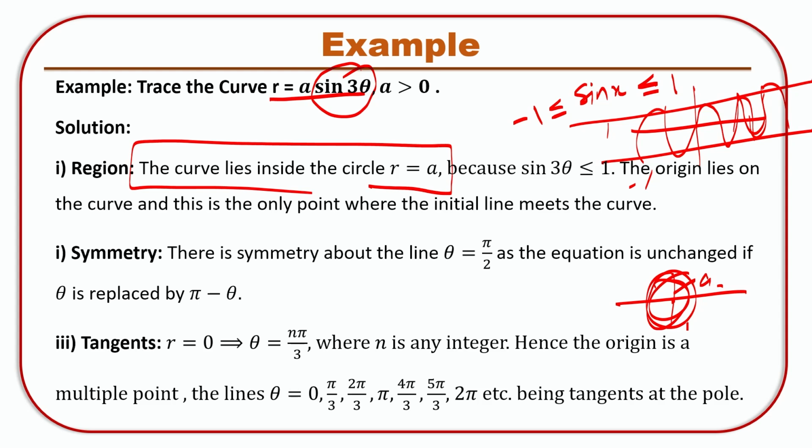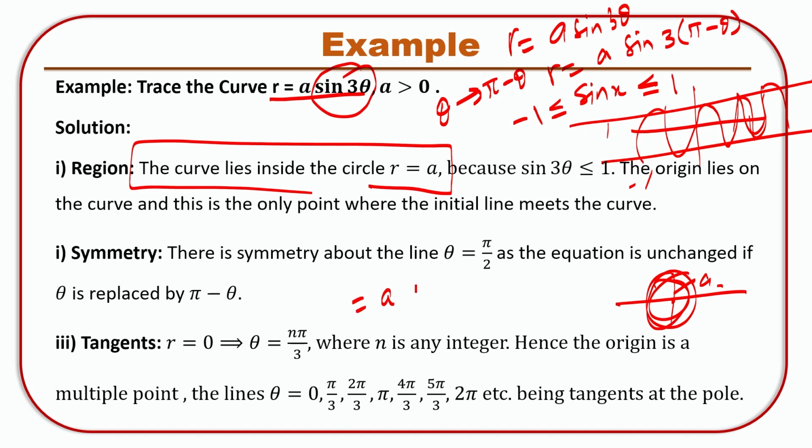Let us put theta equal to pi by 2, as the equation is unchanged. So, r equal to a sin of 3 theta, and I want to change this theta to pi minus theta. So, this becomes r equal to a sin of 3 into pi minus theta, which is a sin of 3 pi minus 3 theta.